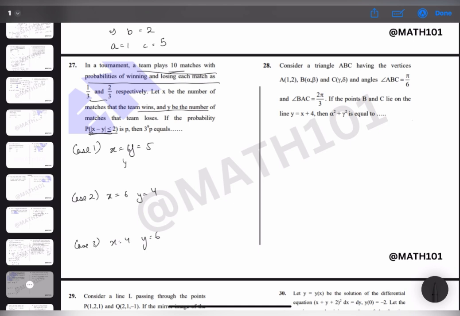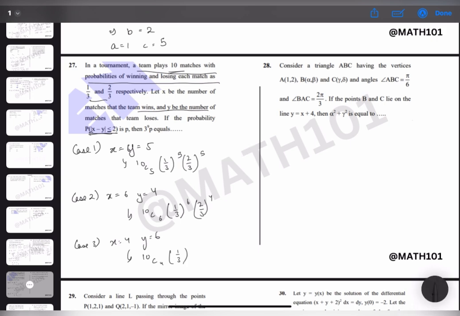So for this it's 10C5 into 1 by 3 to the power of 5, 2 by 3 to the power of 5. This is 10C6, so they win 6 matches, which is the probability of 1 by 3 to the power of 6, and the rest they lose, each with a probability of 2 by 3, so it's 2 by 3 to the power of 4. It's 10C4.